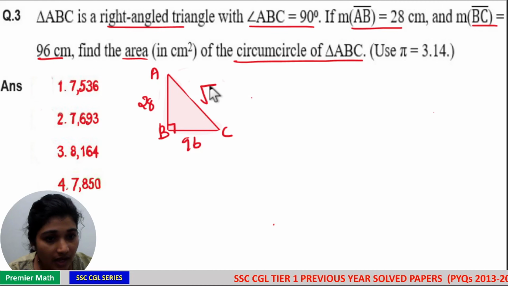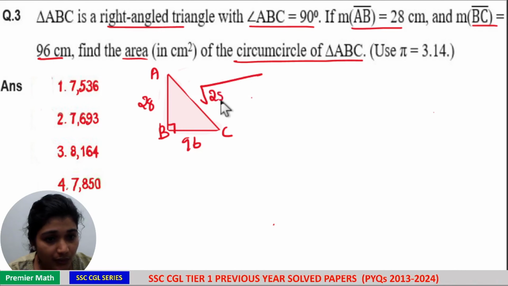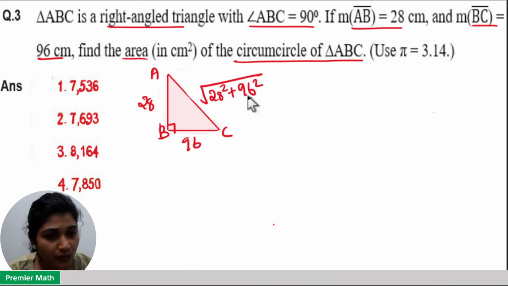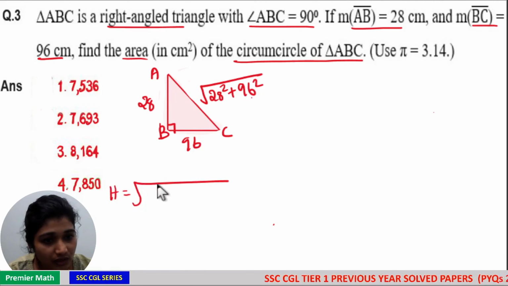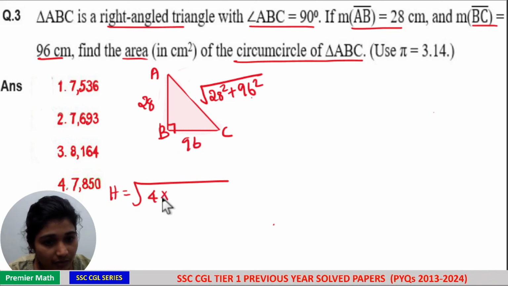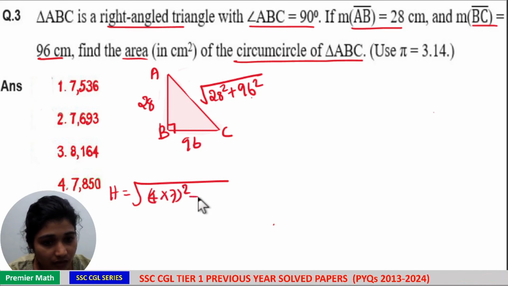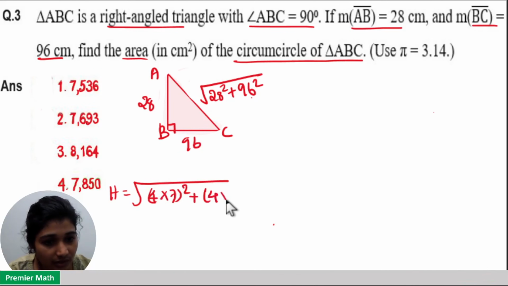Then hypotenuse is equal to root of 28 square plus 96 square. Now to solve this, take a common factor from 28 and 96. So hypotenuse is equal to root of, taking 4 as common factor from 28 and 96, 28 square will become 4 into 7 whole square, and 96 square becomes 4 into 24 whole square.